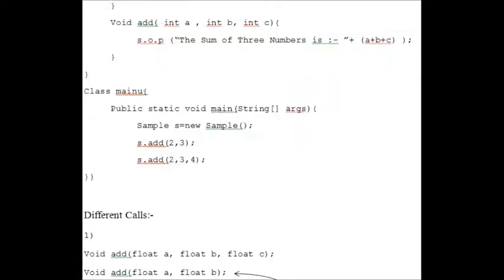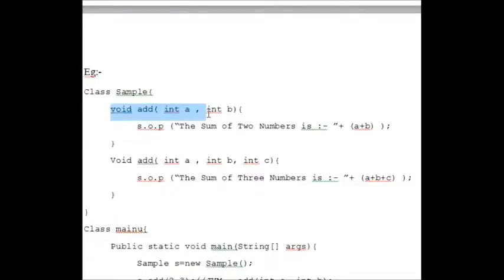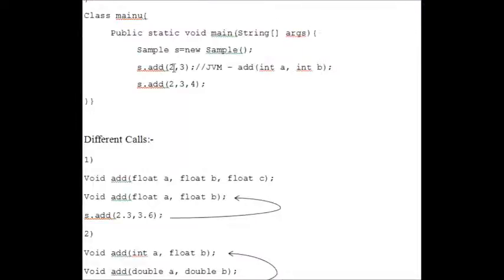At this point the JVM knows to access add of int a, int b, because the method signature of this method is the method name add with two parameters. So it selects the first void add method when s dot add 2, 3 is called.